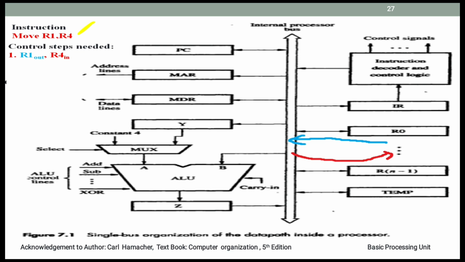Move means copy the content. R1 is the source here, R4 is the destination. So from the R1 register, its content is copied to R4. That is what is shown in the diagram here. The actual control signals are not shown, but we have dealt with them in depth. It is understood that to take out or put in, the control signals are needed.